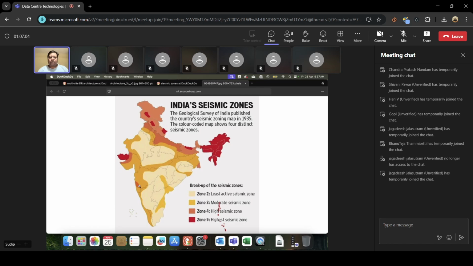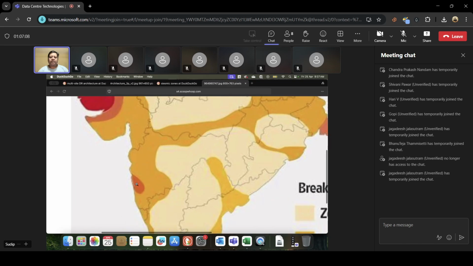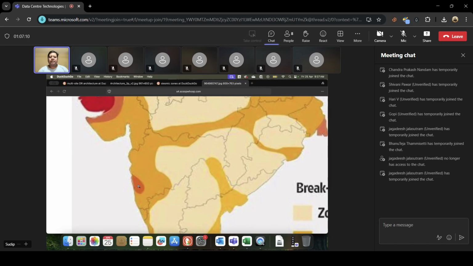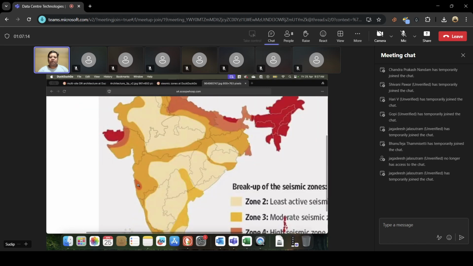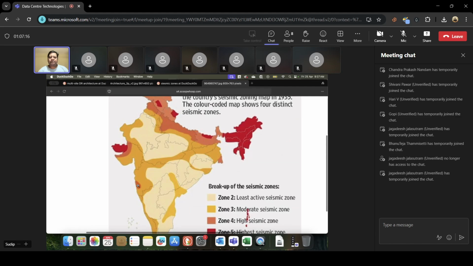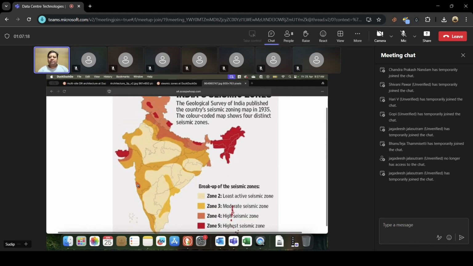Then comes zone 4. Zone 4 is where very close to where Renu and Shivani stay, Mumbai. This is seismic zone 4. The probability is pretty high. Then we have zone 3, moderate seismic zones. You will see that just moving away from a high seismic zone, if you come towards the mainland, the probability of earthquakes keeps dropping.